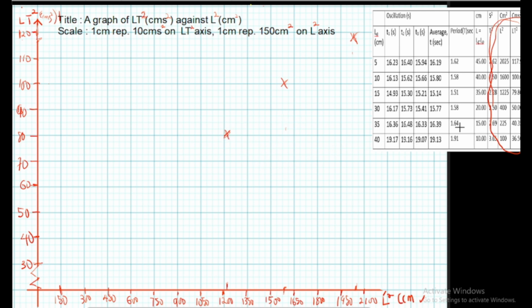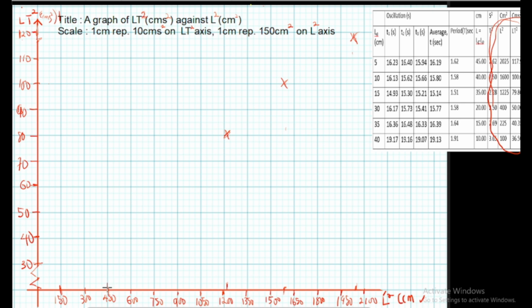Now the next one here is 450. All right, now 400 should be between 300 and 450.